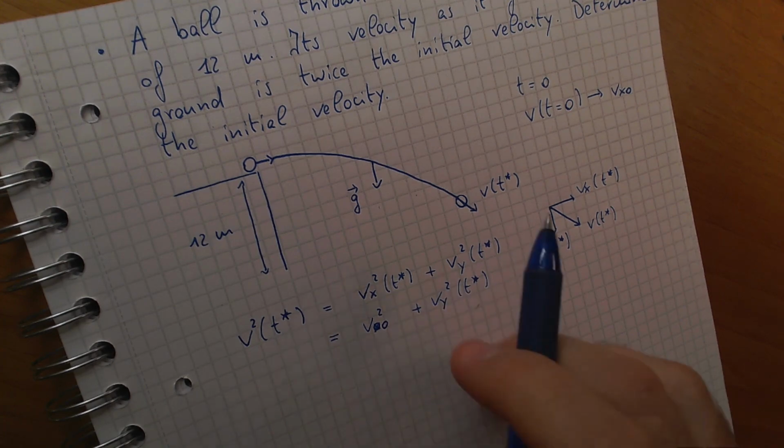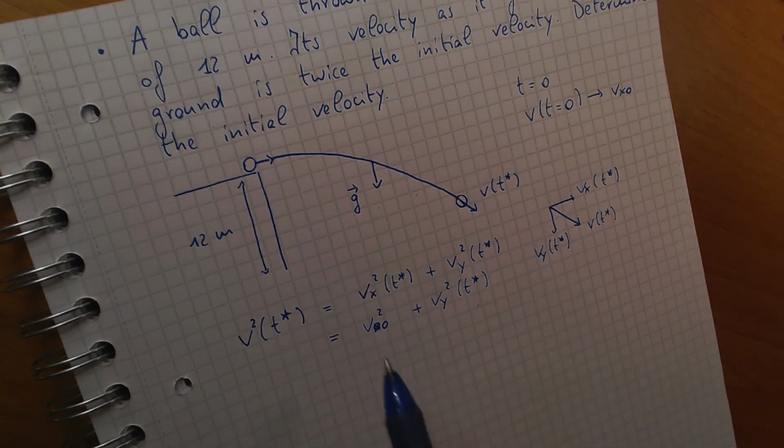Since the problem tells us that the final velocity is twice the initial velocity, it means that this term, v evaluated at t star, will be 2 times this velocity.